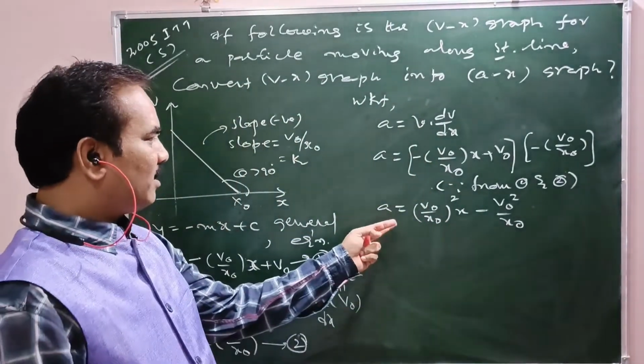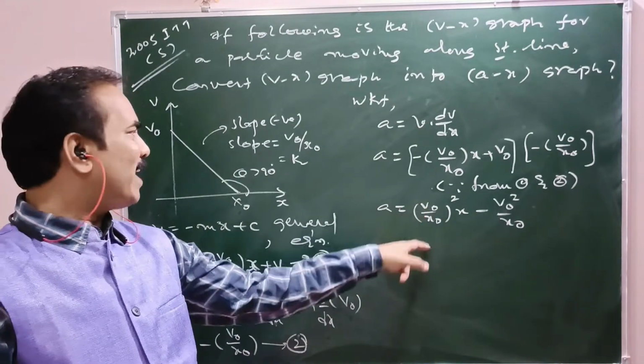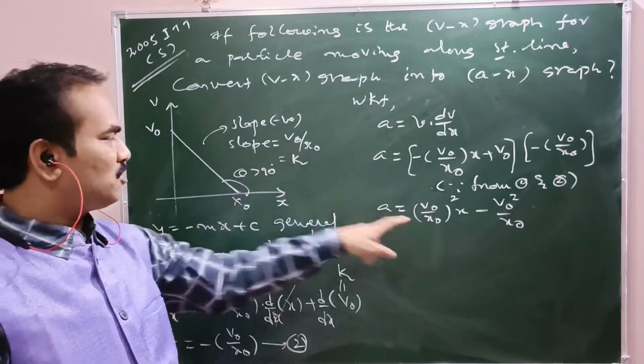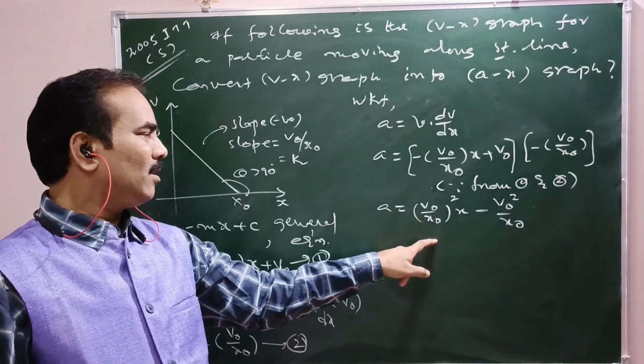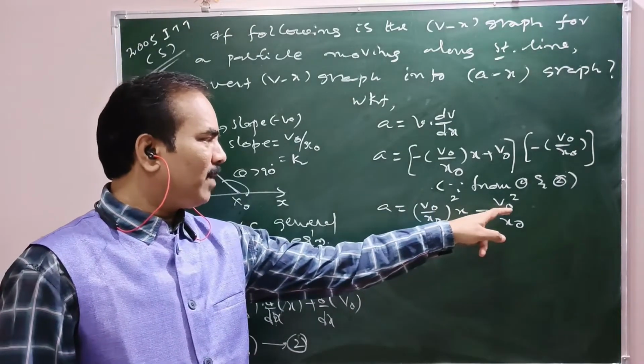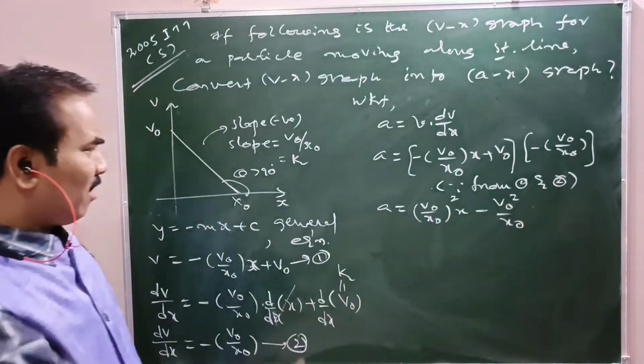See, this is the expression for acceleration, right? Here v naught by x naught is the slope, constant. Some constant whole square means again constant. Here v naught by x naught is also constant, into x naught, v naught is also constant.